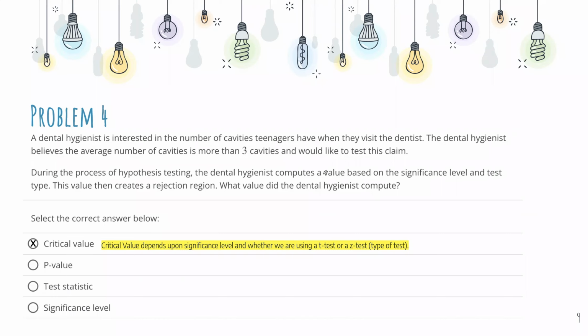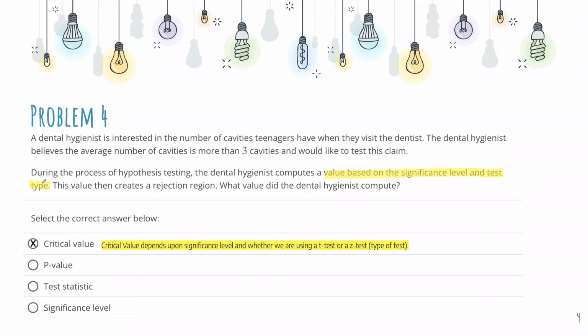So what is a value that is based on the significance level and the test type? Remember that this is the critical value. The critical value is like that z-score or t-score that is going to be based on the probability, or the percentage, that I want to have in my tails.